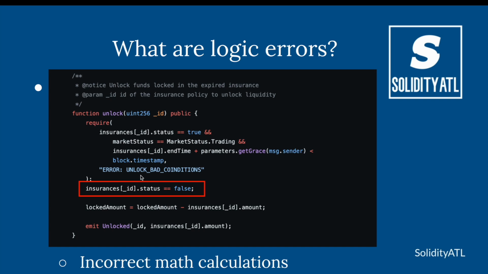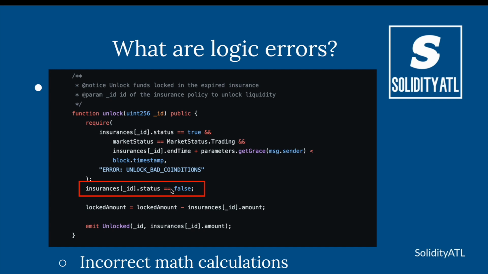So first we have a check to make sure it is locked, and then to unlock it, you may want to make status equal false. But in this case, the developer accidentally did a comparison.